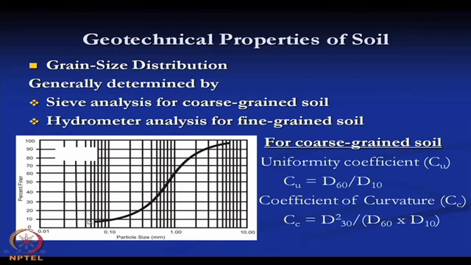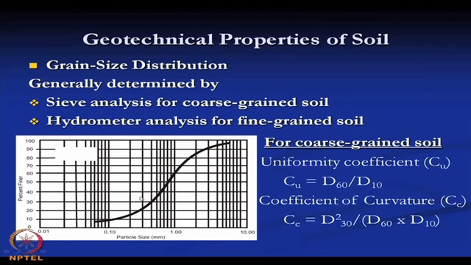From this graph we can determine the two coefficients for coarse grain soil. One is the uniformity coefficient Cu, and another is the coefficient of curvature Cc. Cu is basically D60 by D10, where D60 denotes the particle size corresponding to 60% fineness, and similarly D10 is the particle size corresponding to 10% fineness.